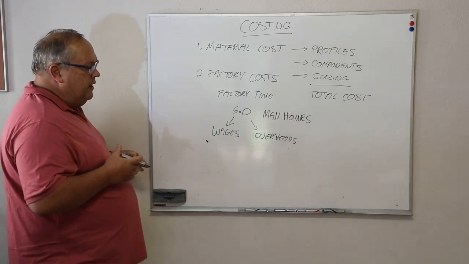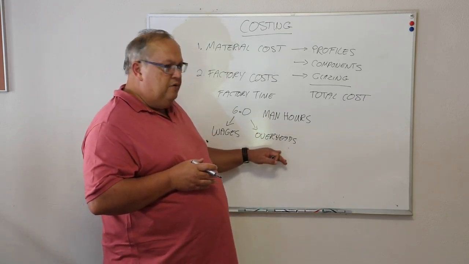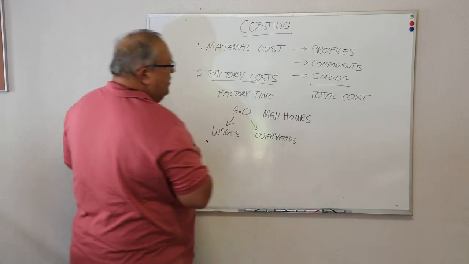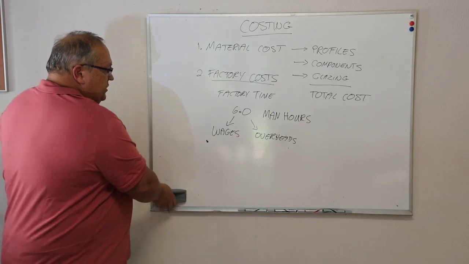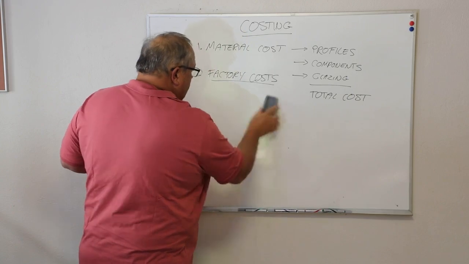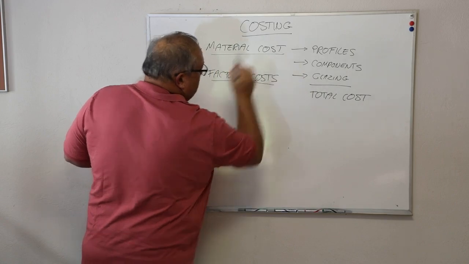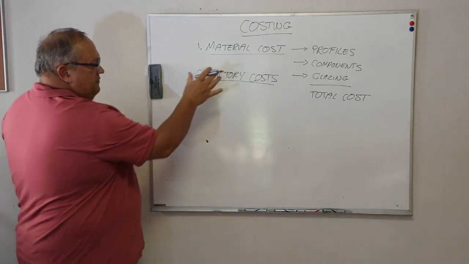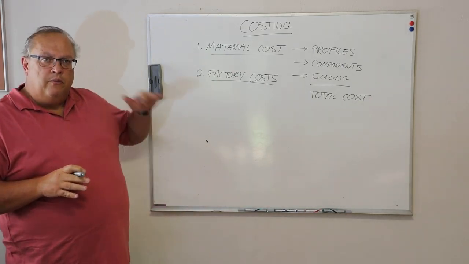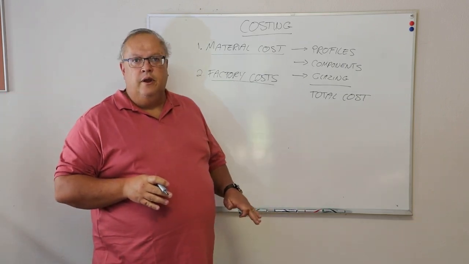And once I can allocate a cost for the staff that I'm paying and a cost for that portion of my overheads, then only do I determine what my factory costs are. So as you can see, it's a lot more complicated to get those settings done and to do those calculations in order to determine my factory costs. My material costs are pretty easy to calculate. My factory costs are now a function of the factory time, then that's split into what my wages are costing me and what my overheads are costing me.